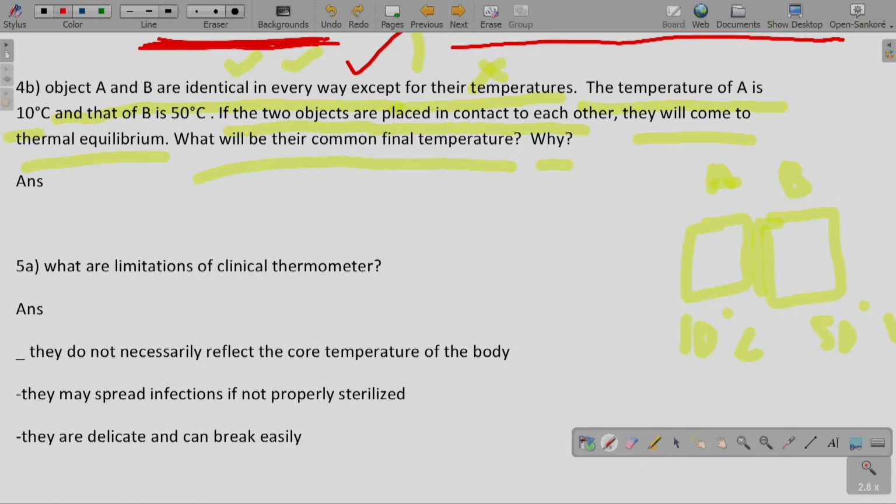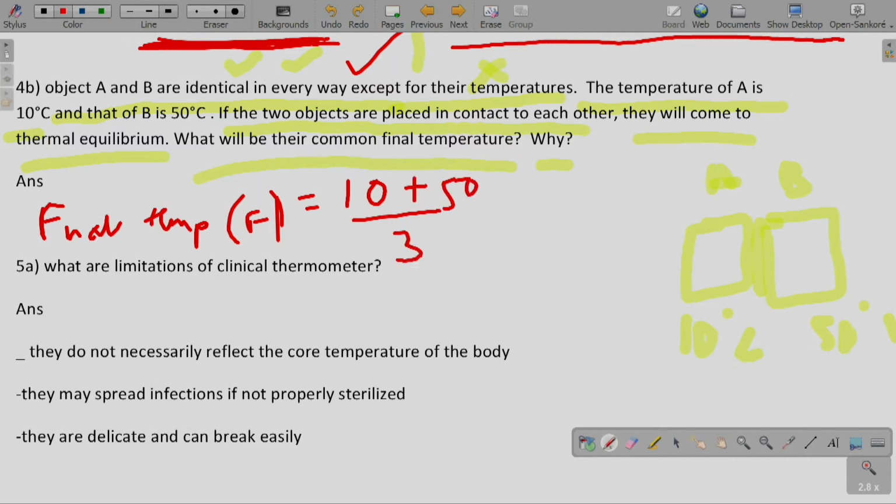Okay. So, final temperature, let's write it as F. Final temperature F will be, I have to take 10 plus 50 divided by 2, which is going to be 60 divided by 2, which is equal to 30 degrees centigrade.